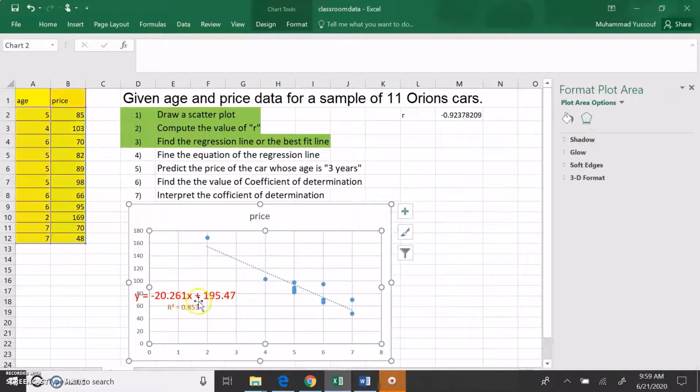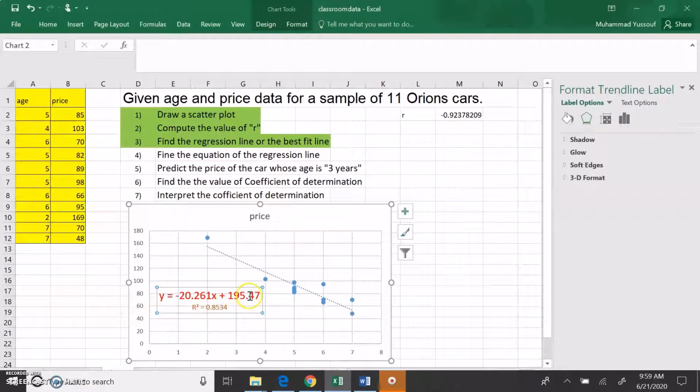Now look at that. The red one is the equation of the regression line. This says y equals minus 20.261x plus 195.47. This is the equation of the regression line.